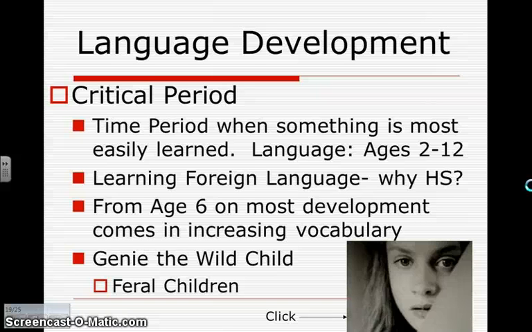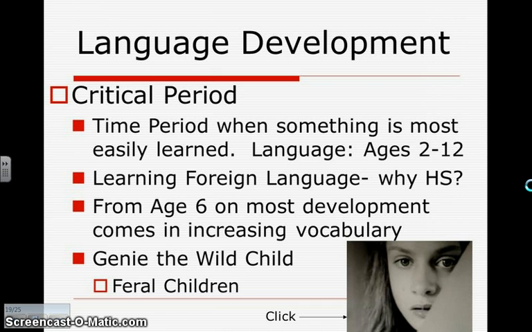When authorities actually found that she existed, there was a lot of research done and a lot of intensive education going on trying to teach Jeannie how to speak. After years and years of intensive therapy, they finally got her up to about a third grade level of being able to speak and understand things.